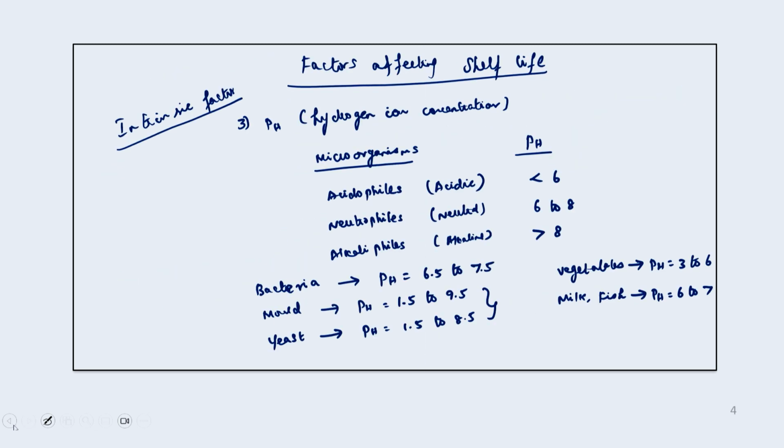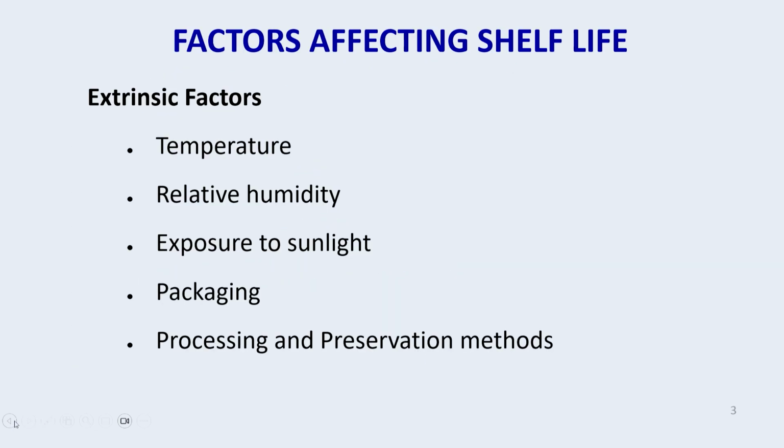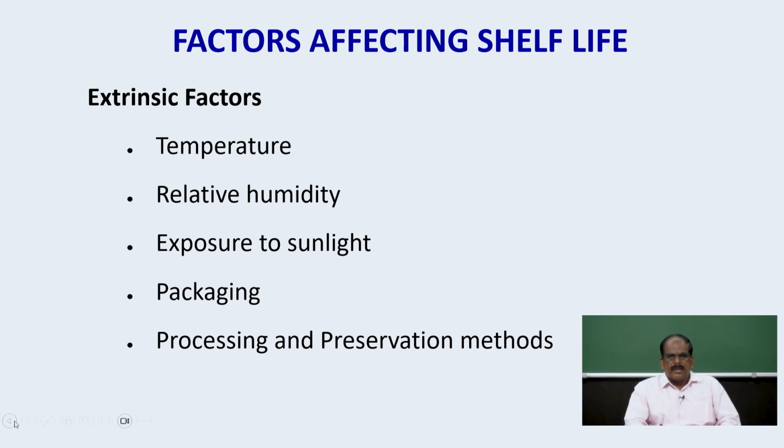So to summarize the extrinsic factors, there are primarily 5 factors which affect the shelf life. One is the storage temperature, the temperature at which the food product is stored. Second one is the relative humidity, which is expressed as percentage and differs from the specific humidity. Exposure to sunlight: due to the presence of UV and IR radiations, chemical changes occur because of which the food quality is affected.